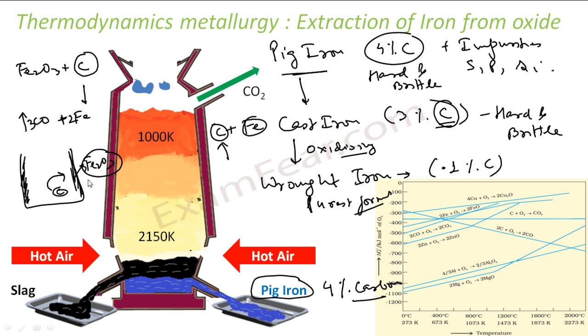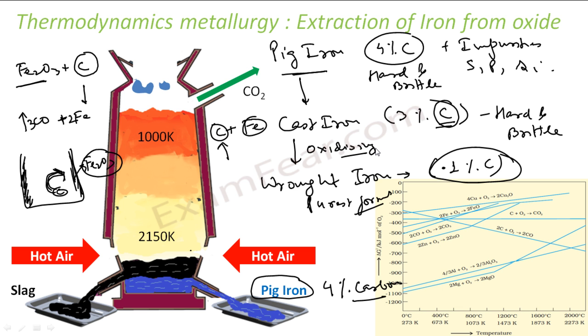Now when you heat this, the hematite in this zone will take away this carbon by this reaction. This hematite will react with the carbon which is there in this cast iron, which is there 3%, to form carbon monoxide, and carbon monoxide will go up. With this, the percentage of carbon will go down.